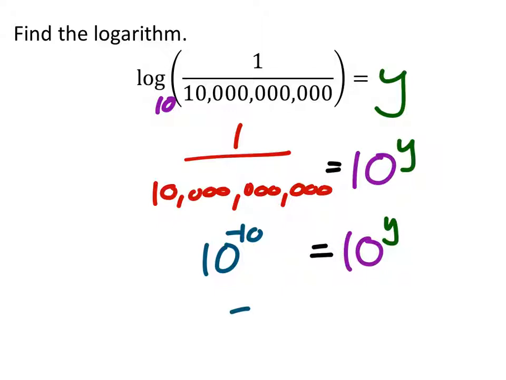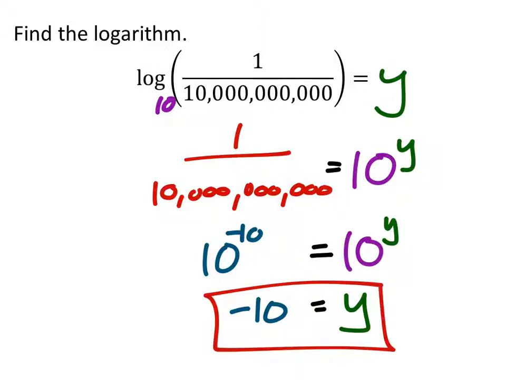Which means that y has to equal the same exponent right there, and we'll actually see that as a rule later on. So y equals negative 10, and well, that's our answer right there. I kind of did that, I think, what we would consider the easy way. Let me go deeper into that.